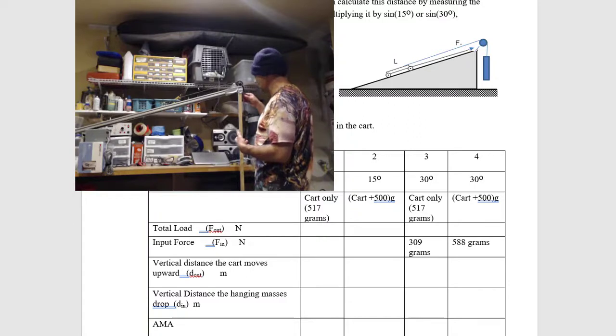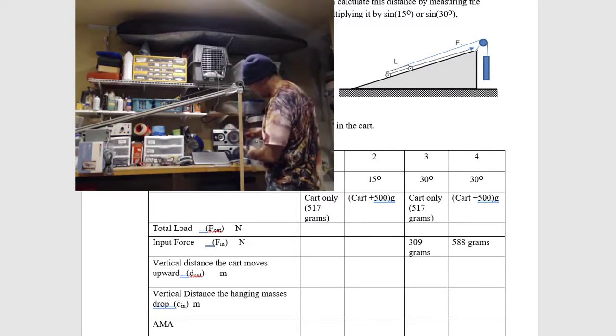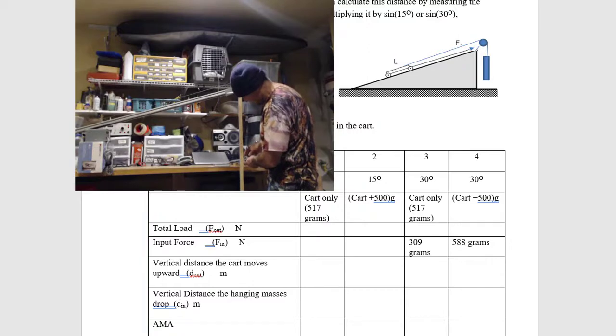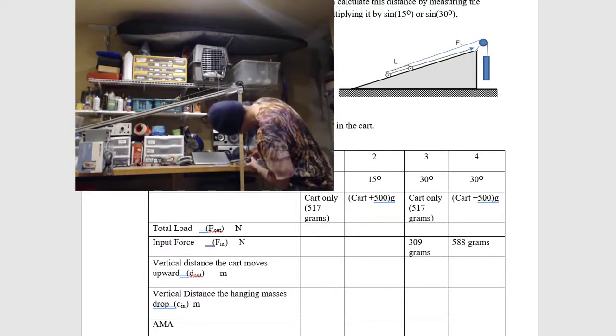When it goes between 0 and 40 centimeters, I want to find out how far the cart over there goes up. So I'm going to drop this to 40 and try to keep it here. Just to 40. Take off a tiny little mass, hope it stays in equilibrium here. At about 40.